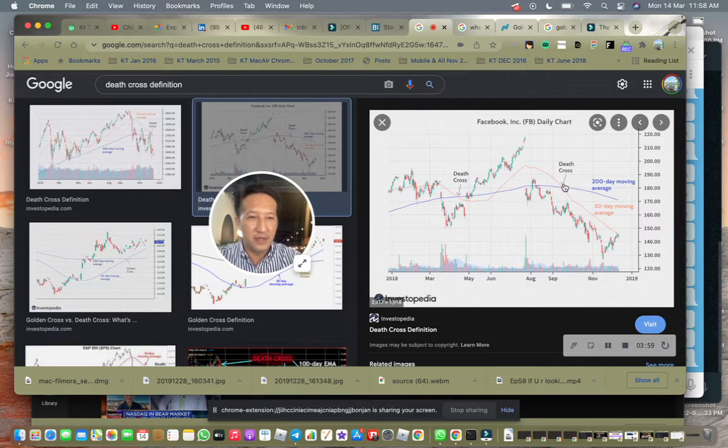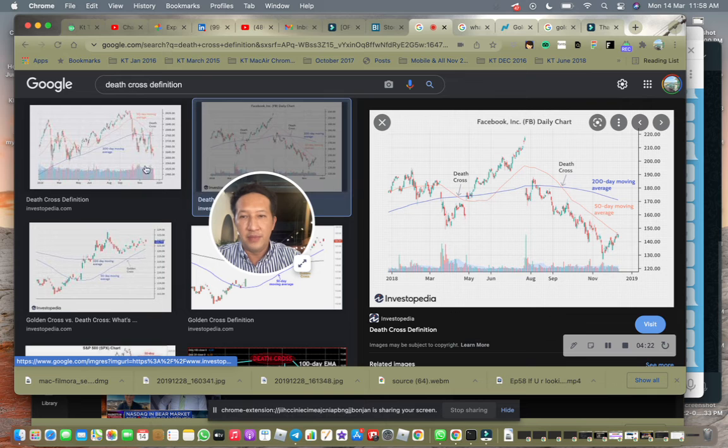You see, the 200 moving average is always very tapered, the gradient very low. If you see a share or an index like this Facebook chart, going up and down, you will see the death cross happening here, which means that thereafter the chart tends to go downwards.